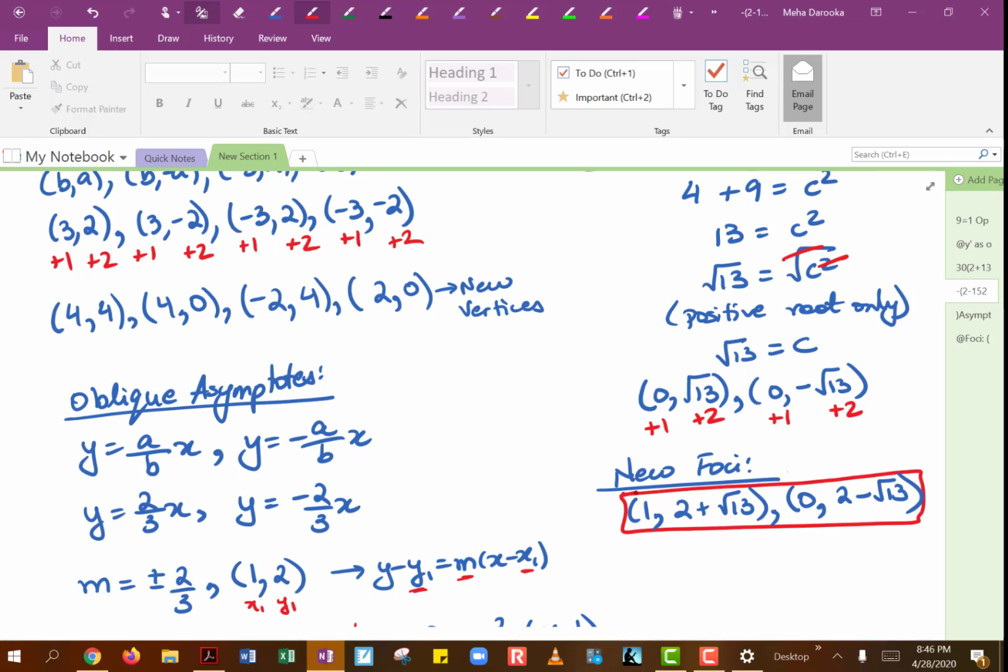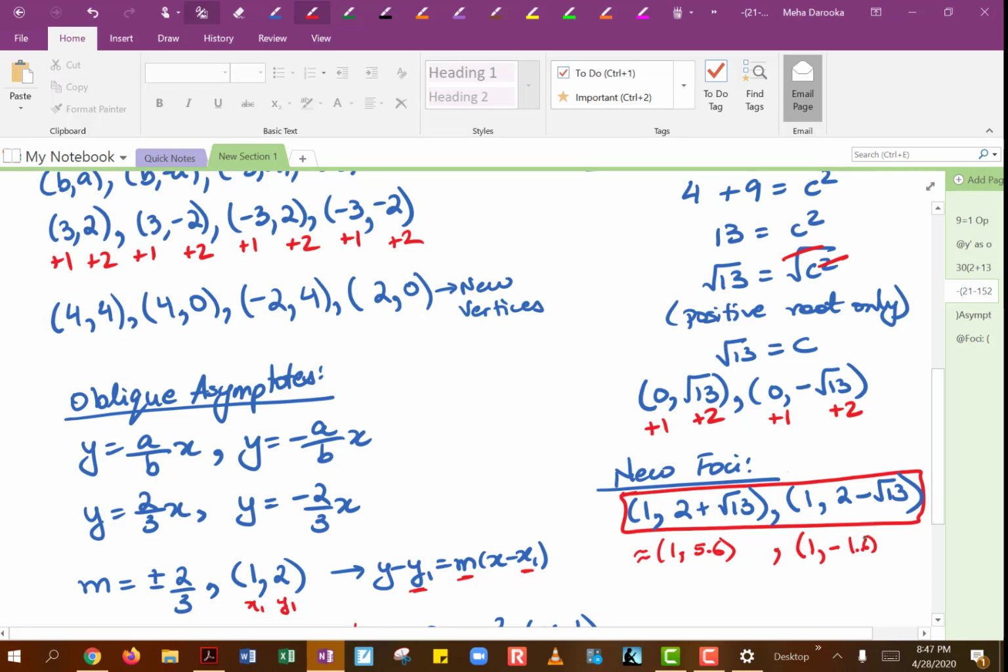Okay, so 2 plus square root of 13 will end up giving us approximately the ordered pair 1 comma 5.6 for this first one, and this here should actually be a 1 because 0 plus 1 is 1, and this guy would be 1 comma 2 minus square root of 13, which is negative 1.6.